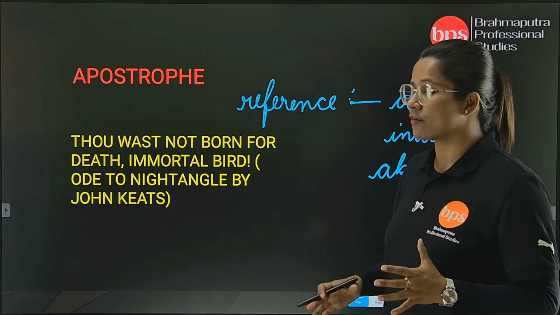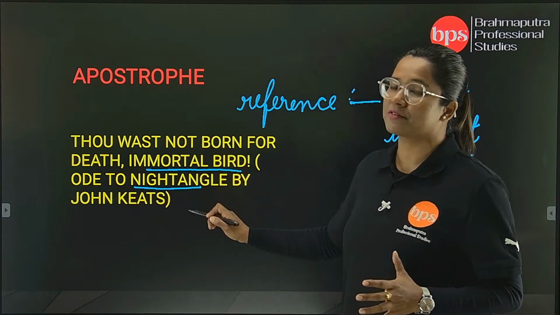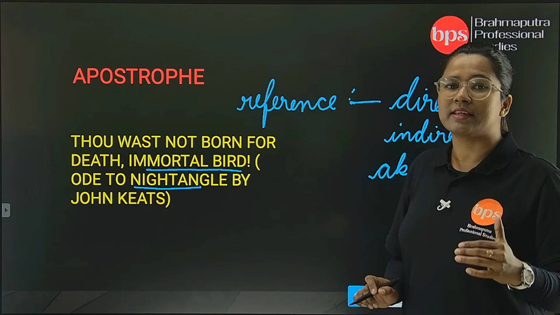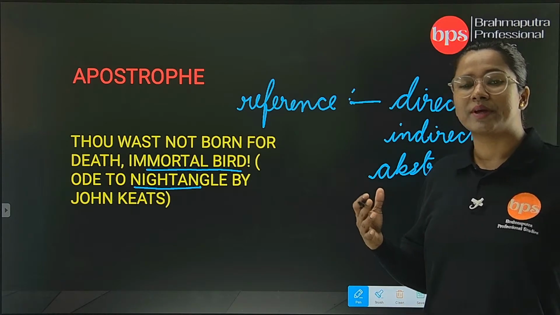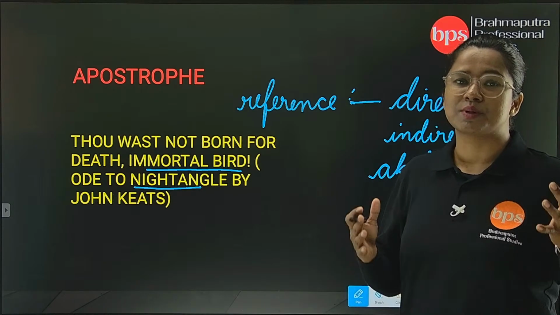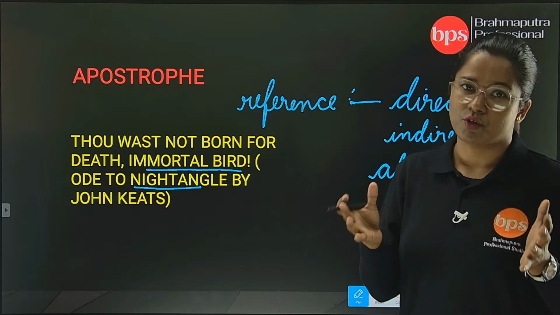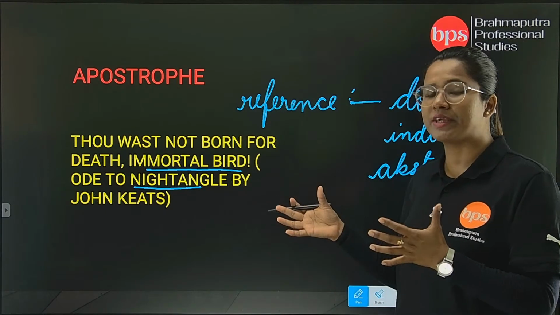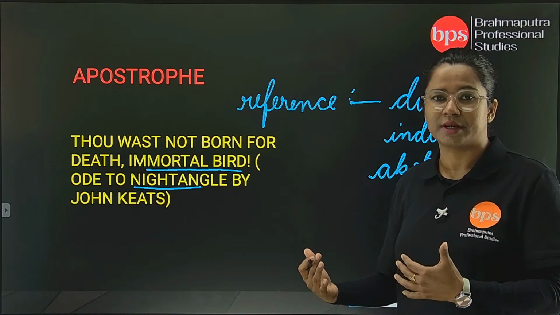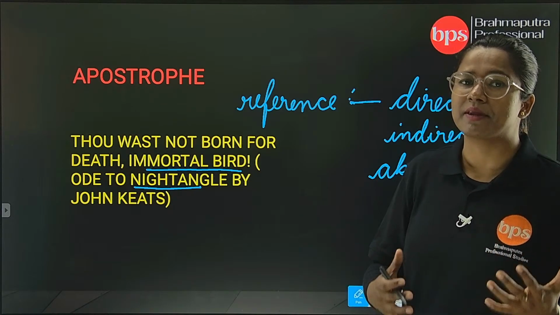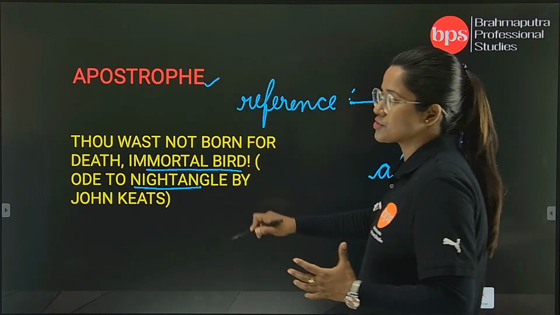We get to know from the poem that it is referring to the immortal bird, the nightingale, and telling the bird that it is immortal because of its beautiful voice and its rhythm. So here the reference is indirect. Indirectly it is referring to the bird, but because it is indirectly referring, we term it as apostrophe.